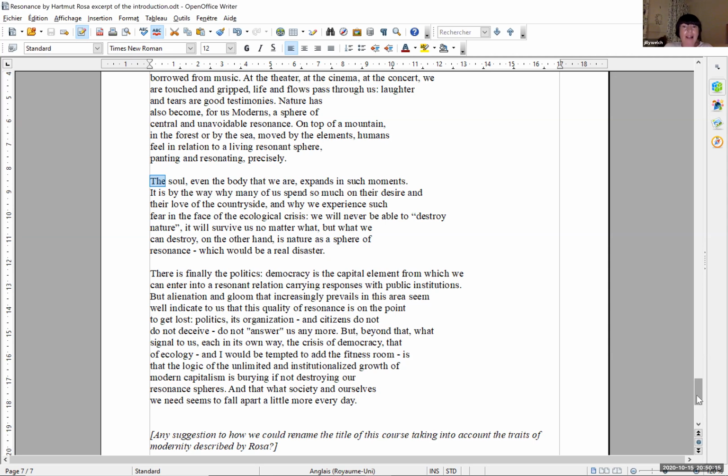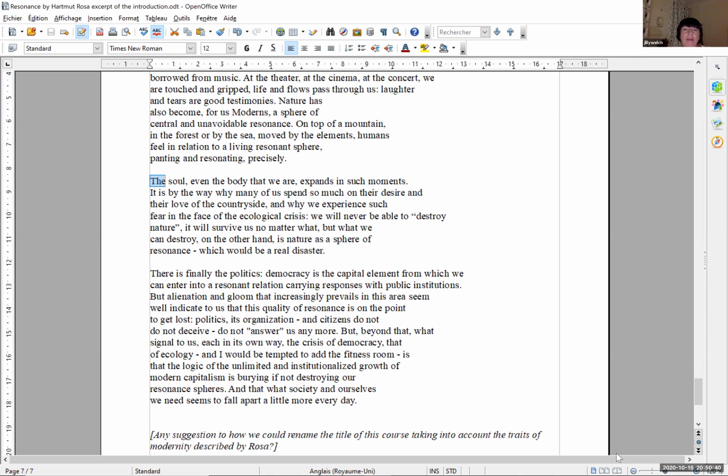Democracy is the capital element from which we can enter into a resonant relation, carrying responses with public institutions. But the alienation and gloom that increasingly prevails in this area seem to indicate that this quality of resonance is on the point of getting lost. Politics, its organization, and citizens no longer answer us.